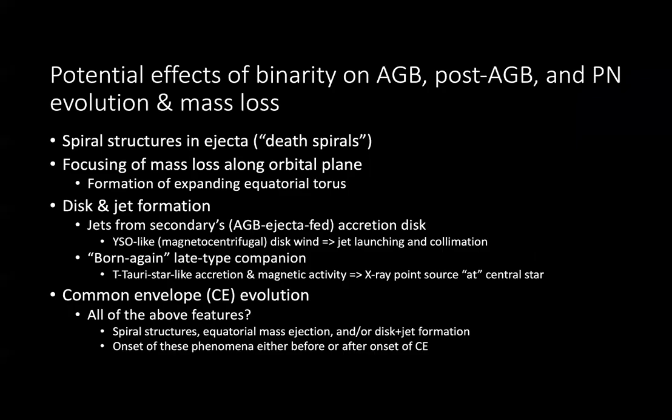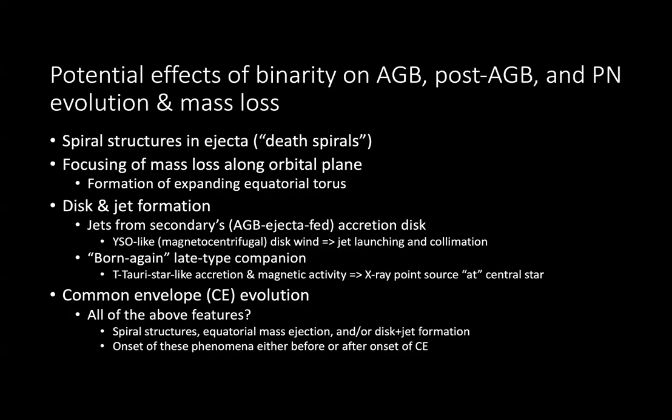You can get focusing of mass loss along the equatorial plane, which could explain these dense equatorial regions, where it's then easier to clear out the polar regions than the equatorial regions if the fast wind from the unveiled central star starts up.